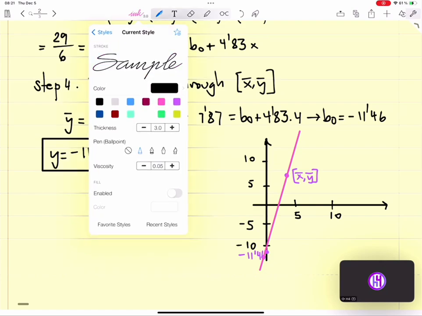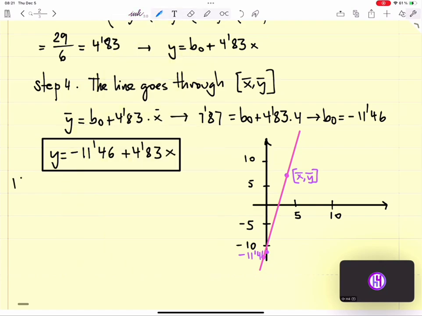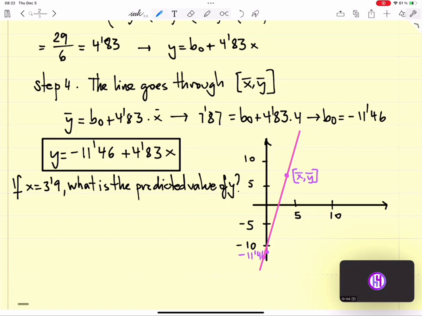Because now, when I ask you if x equals 3.9, what is the predicted value of y? Well, then you go and say y for x equals 3.9 equals minus 11.46 plus 4.83 times 3.9, which equals 7.39.